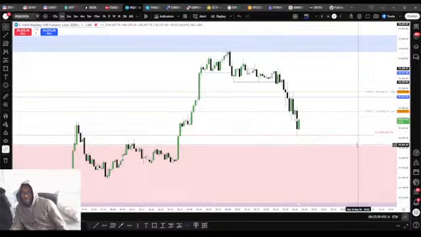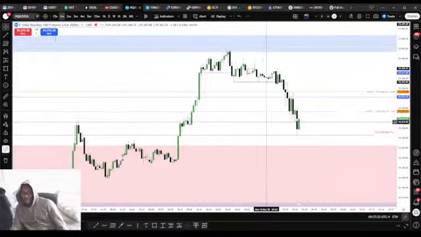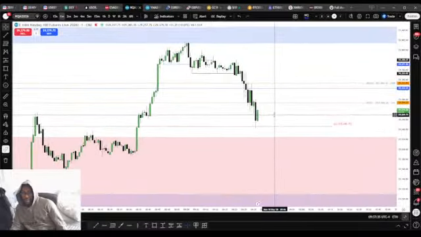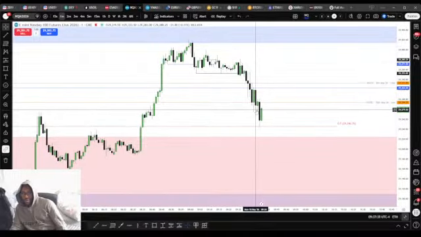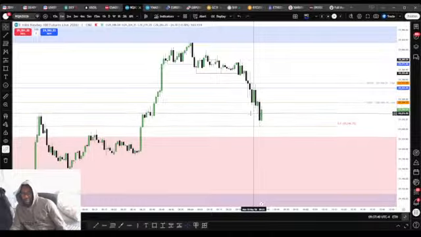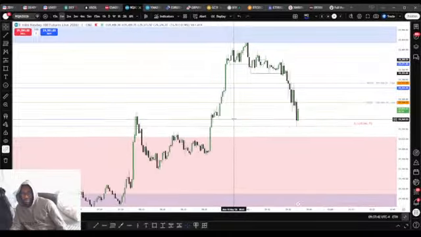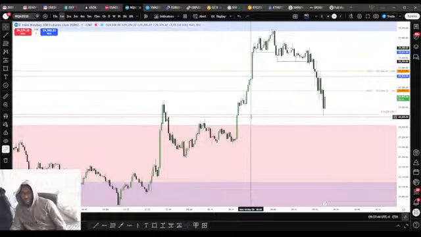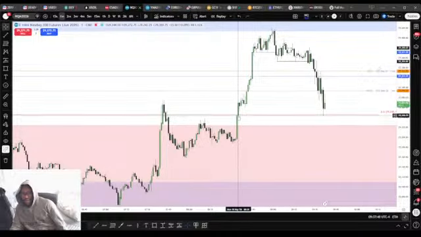These are the kind of conditions where my model will most likely play out, due to the fact that, one, we've been bearish. Short-term bearish. Traded down into this inefficiency.